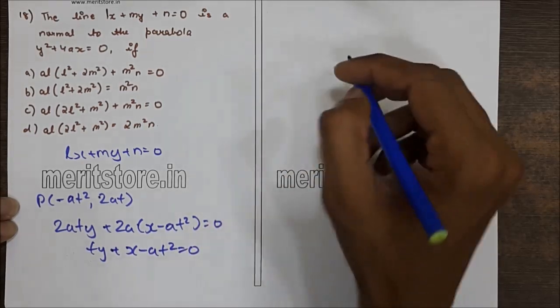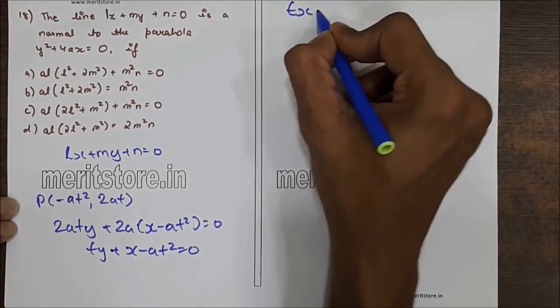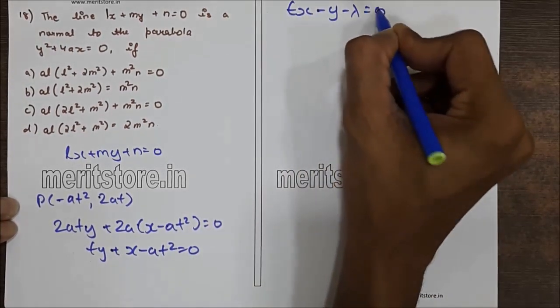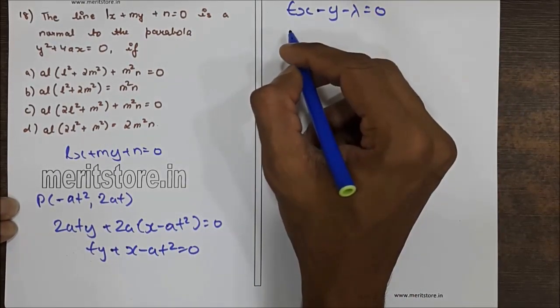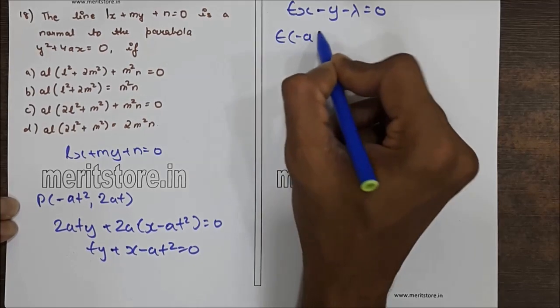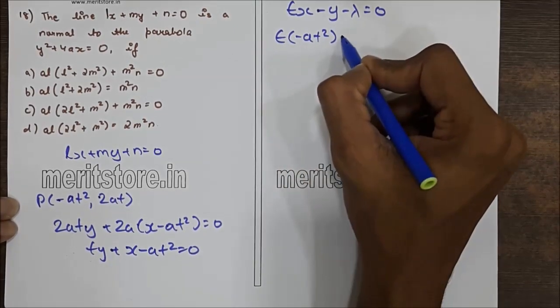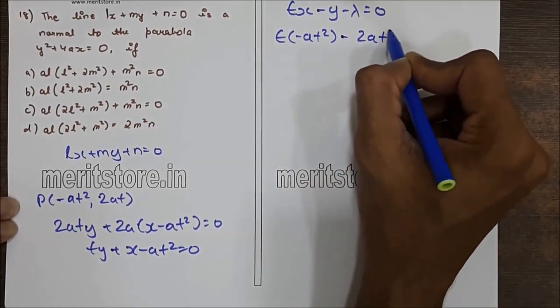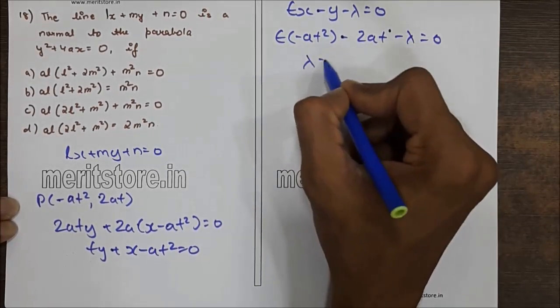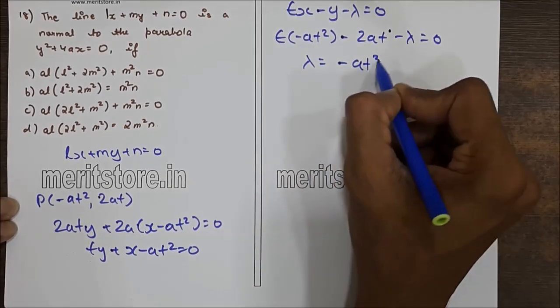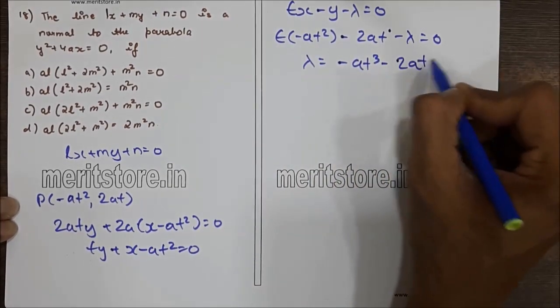Equation of normal is tx minus y minus lambda equal to 0. To solve this we substitute the values of x and y, we get 2at minus at cube minus 2at minus lambda equal to 0. We get lambda is equal to minus at cube minus 2at.